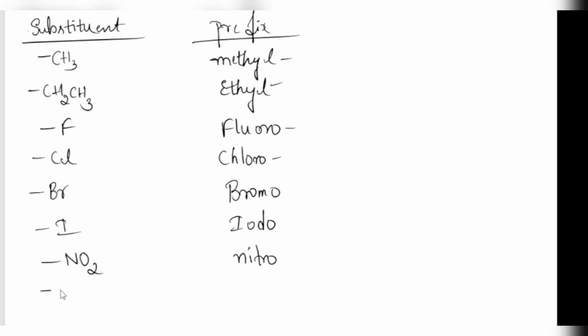Then C2H5. With 2 carbons and 5 hydrogens, C2H5 is the ethyl group. If the group OC2H5 is there, we will call it ethoxy. If OCH3 is there, we will call it methoxy.